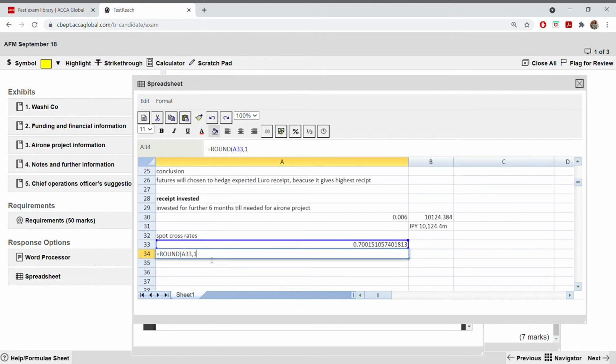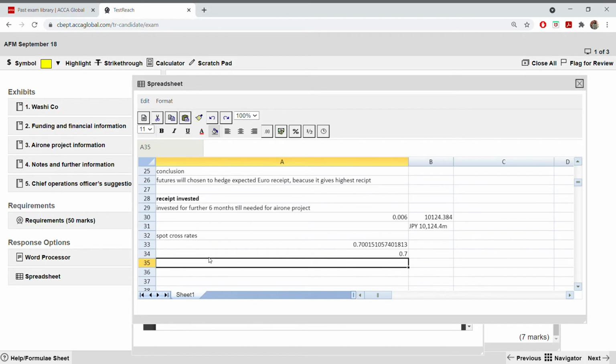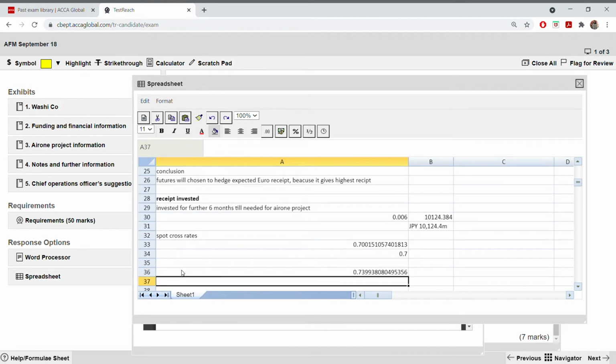Next, it will be equal to 95.6, ARD divided by Japanese yen, divided by 129.2. Now round this to 2 decimal places.